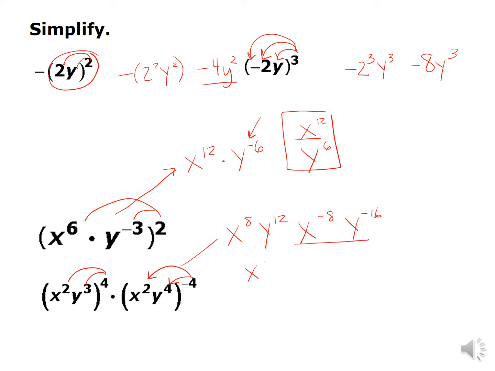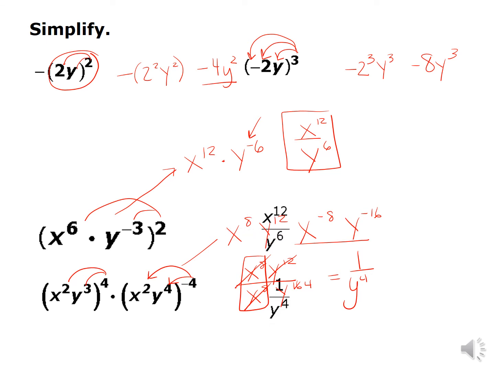I get x to the 8th, y to the 12th, over x to the 8th. I flipped it, and now the negative is gone, y to the 16th. So we can see that this equals 1 because they cancel each other out. And then 12 of these takes away 12 of those and leaves 4. So my final answer is 1 over y to the 4th.